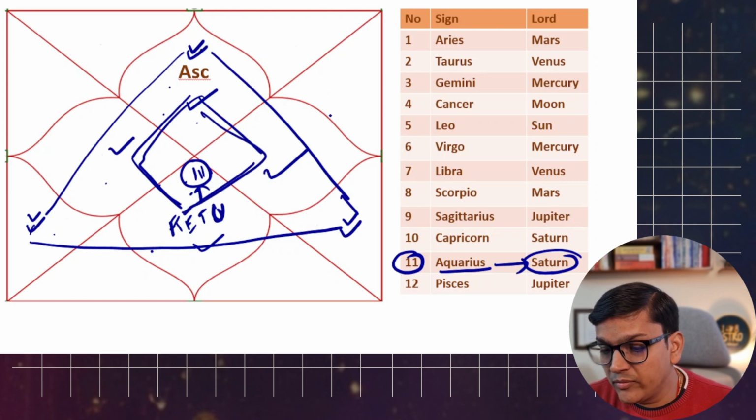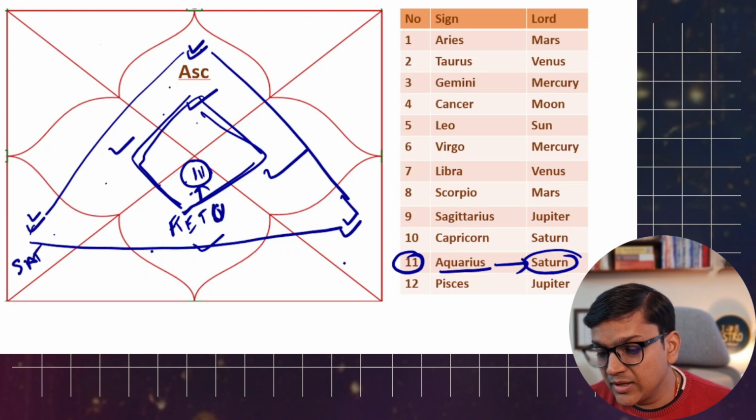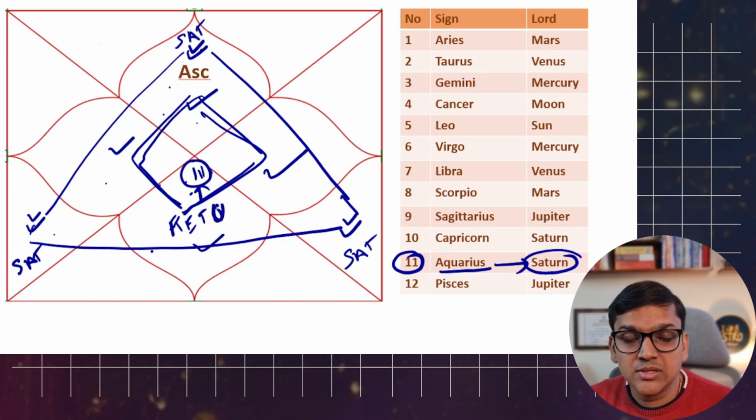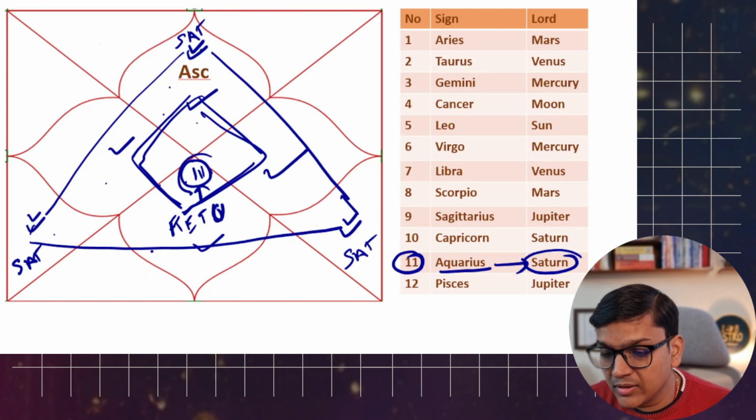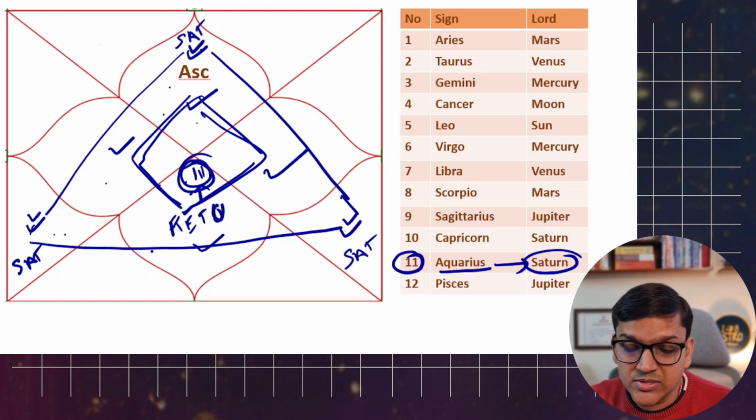Here what we are trying to say is that it's a center-angular Rajyoga, where Ketu is sitting in the center, and suppose Saturn is sitting here, or here, or here. These are the three trine houses as we said. So it's a Kendra Trikona Rajyoga because this planet is sitting in a sign of a planet which is sitting in the trine, and it's in the center.